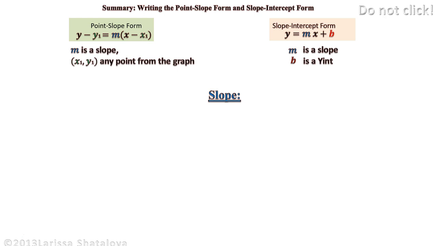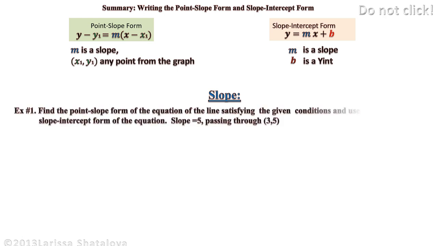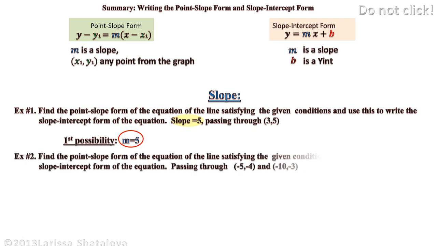Option number 1. Slope can be known in your problem, like this problem number 1. Slope is 5. This is the first option, the easiest option. Second option, if you have a problem like the next problem, and you have 2 points with coordinates -5, -4, and -10, -3, then you have to calculate slope.